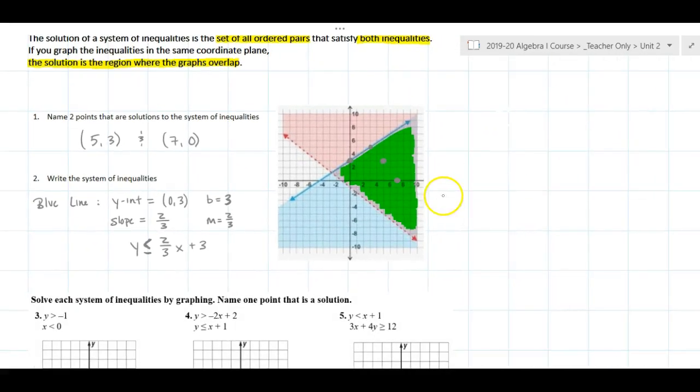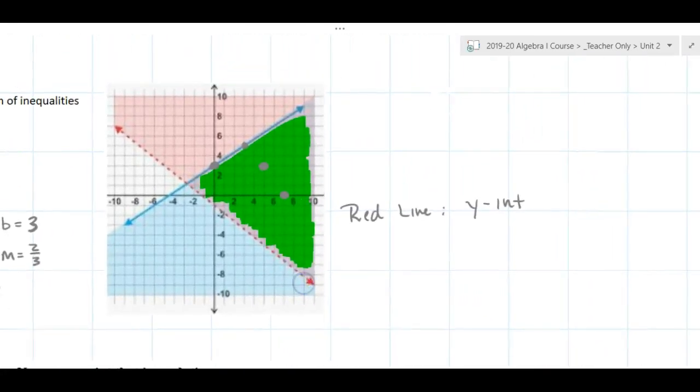Right, I'm going to move to this side over here to write the equation for the red line. First, we need the y-intercept. The y-intercept of the red line is at over 0, down 1, b equals -1. Now I need to find another point that falls on 2 whole numbers.